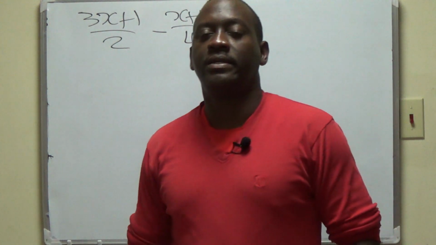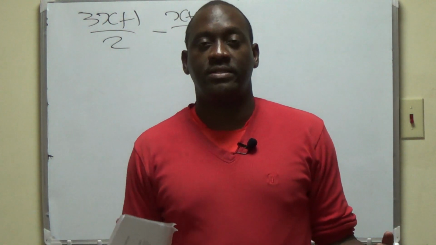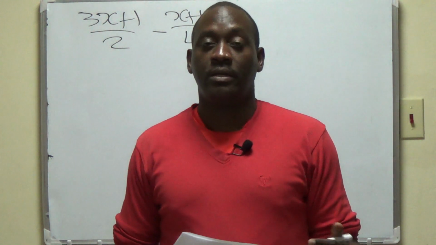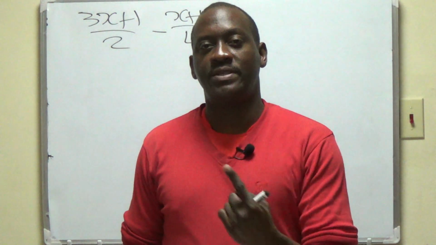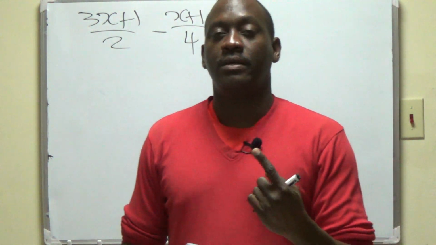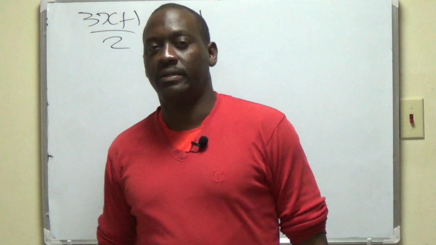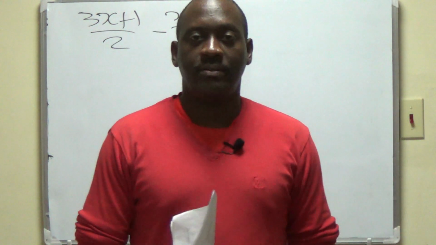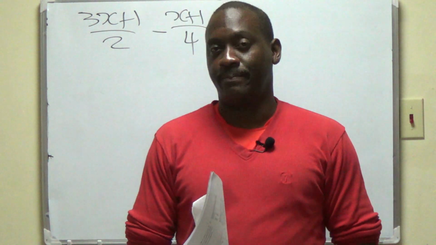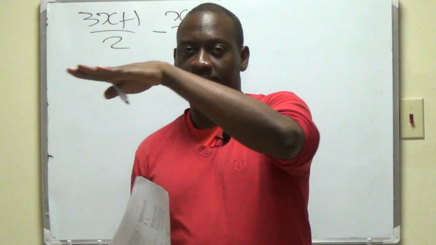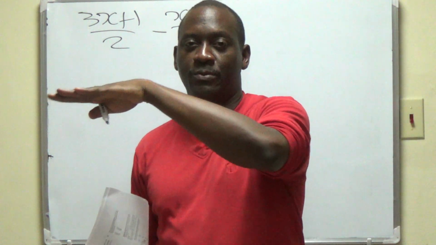anytime you're combining two or more fractions by addition or subtraction, what you want to do as your first step is to make all the denominators common. Once you have all the denominators being common or the same, then you could conduct your arithmetic at the top, at the level of the numerator.